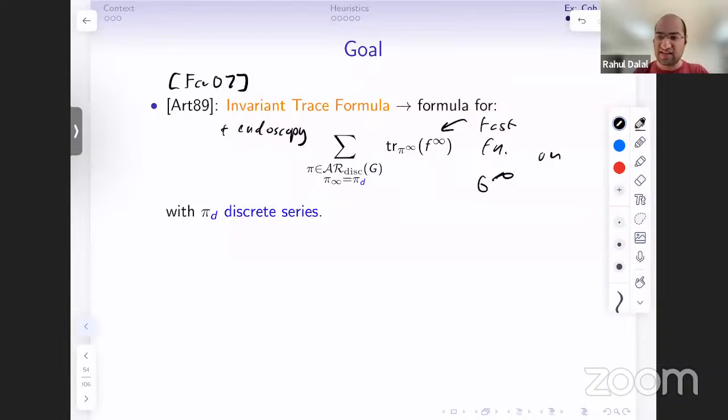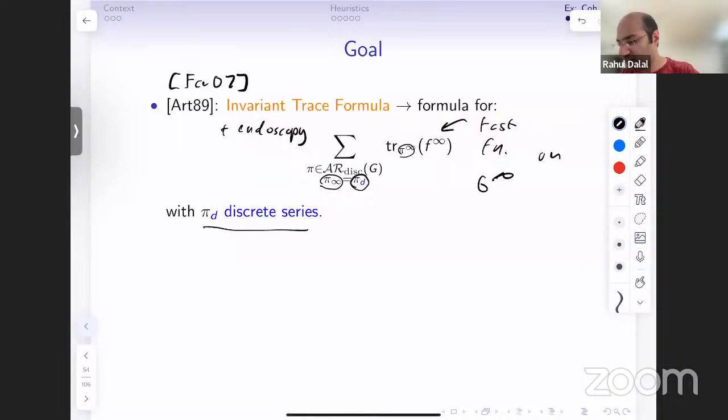And you want to look at all automorphic representations with the infinite component equaling this particular discrete series that you picked. And you want to look at the trace against the away-from-infinity component of that automorphic representation. So remember, as an example, you can pick f away from infinity to be the indicator function of some level subgroup.